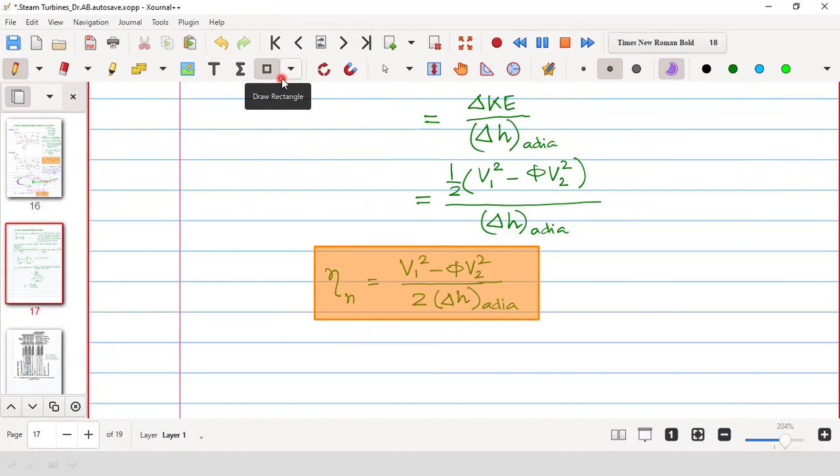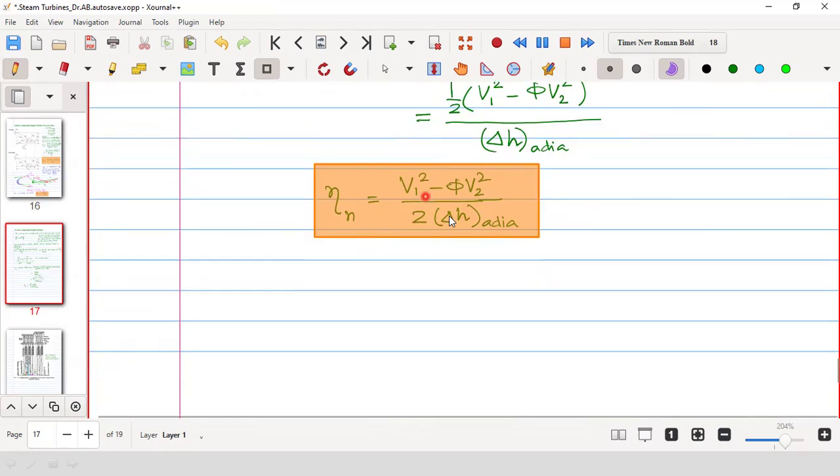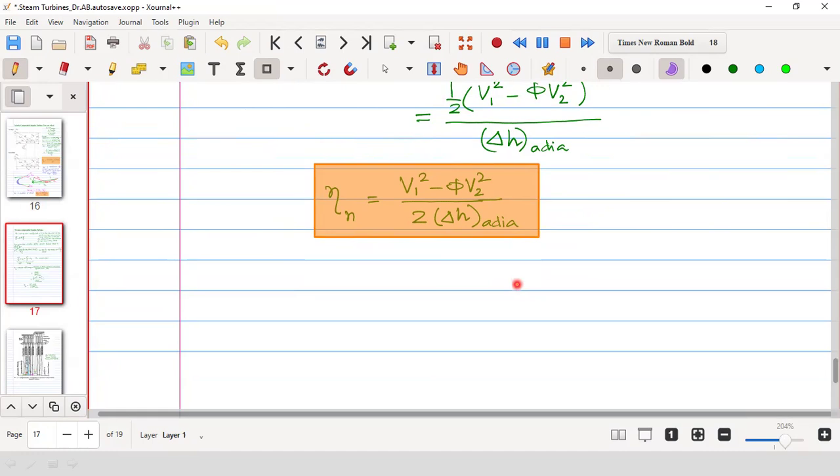Again, the gross stage efficiency is equal to the nozzle efficiency multiplied by the blade efficiency. That is usual for all the stages, so that remains the same.